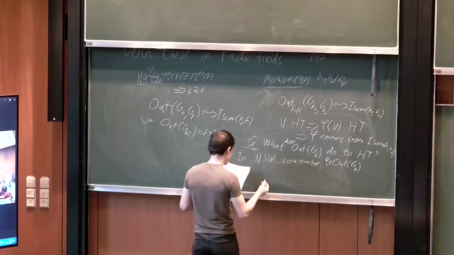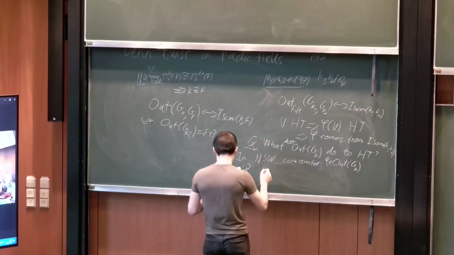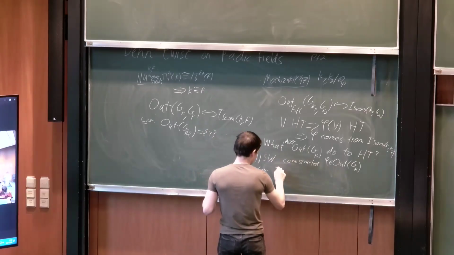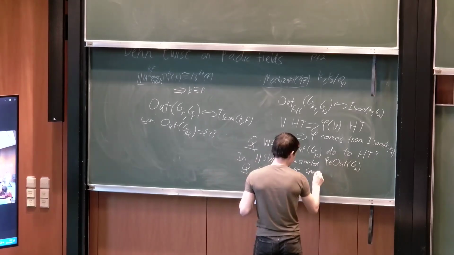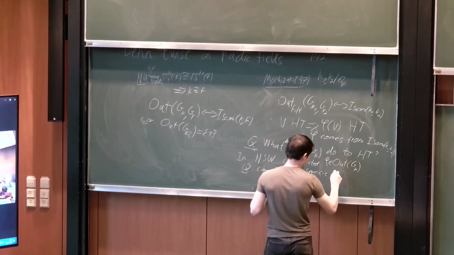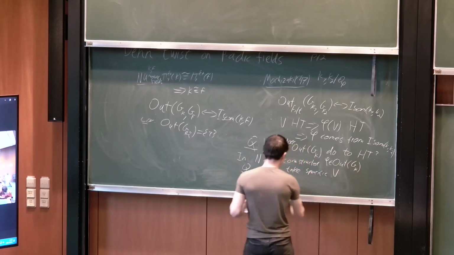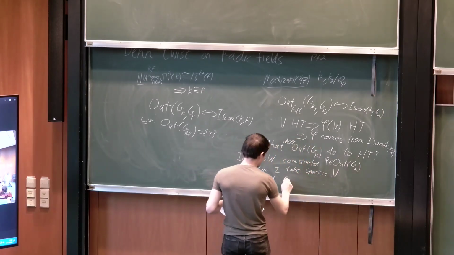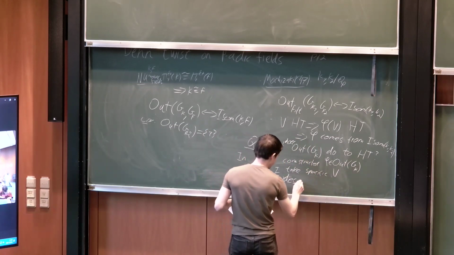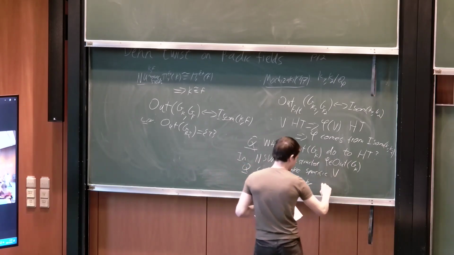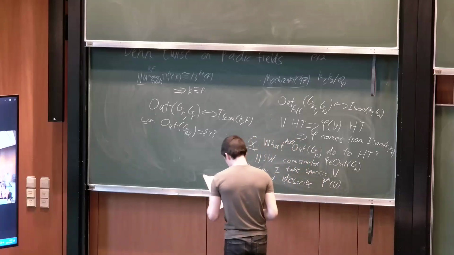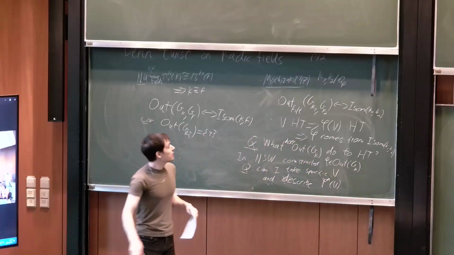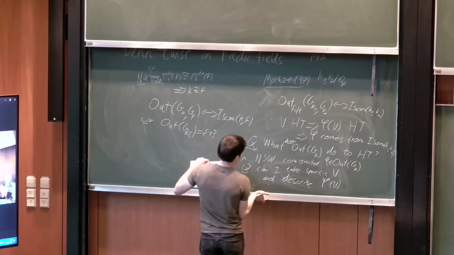And the question is, can I take a specific V, look at the orbit, and describe the orbit under this specific outer automorphism?